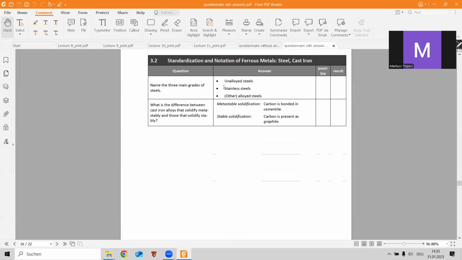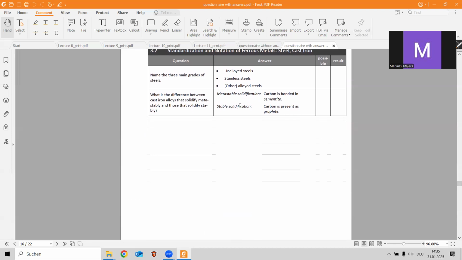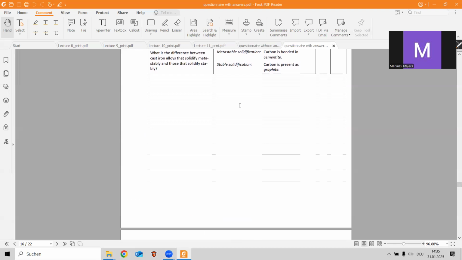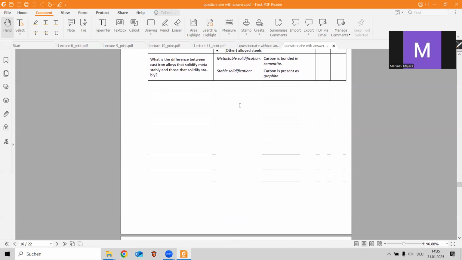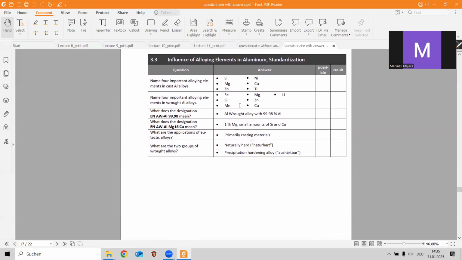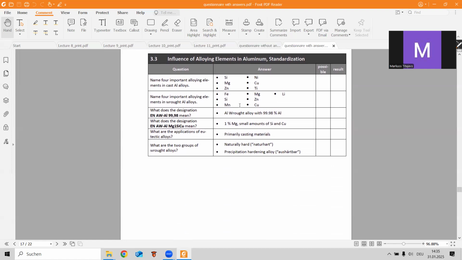Three main grades of steel: unalloyed, stainless steel, and alloyed. Stable solidification: carbon bonds as cementite. Metastable solidification: carbon present as graphite. Eight percent aluminum, 1% magnesium, small amounts of silicon and copper.